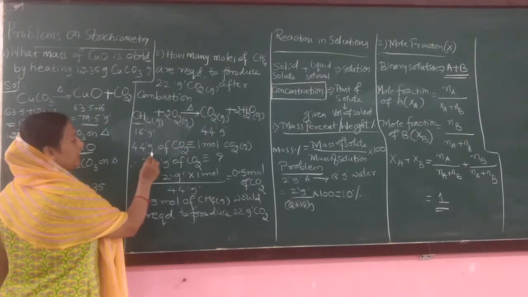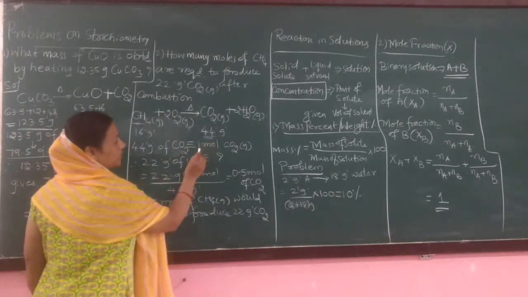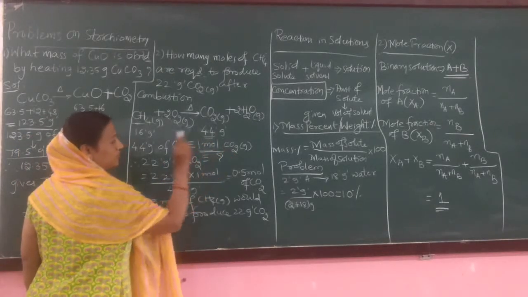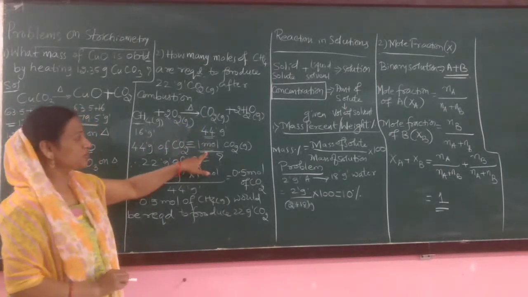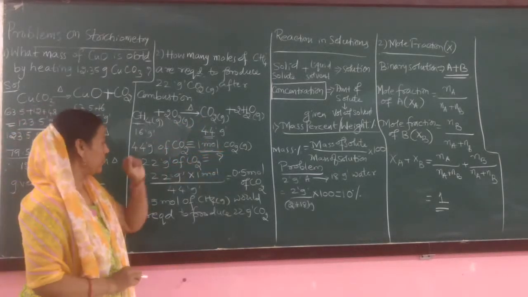Just look here. 44 grams of carbon dioxide corresponds to 1 mole of carbon dioxide.